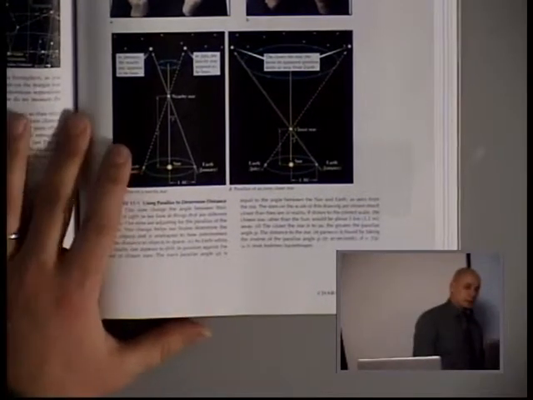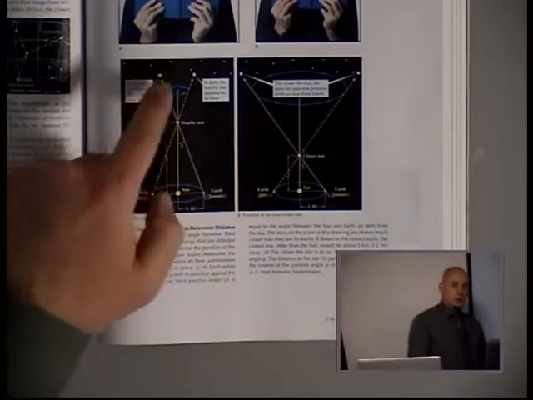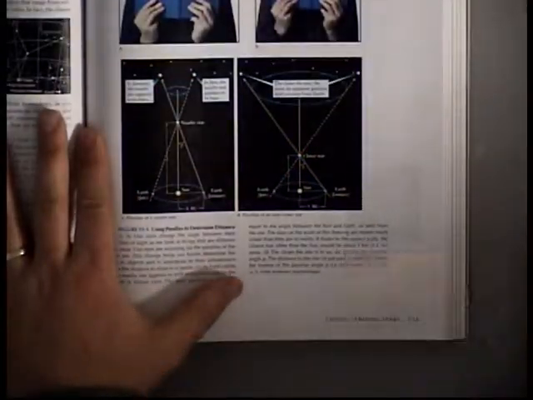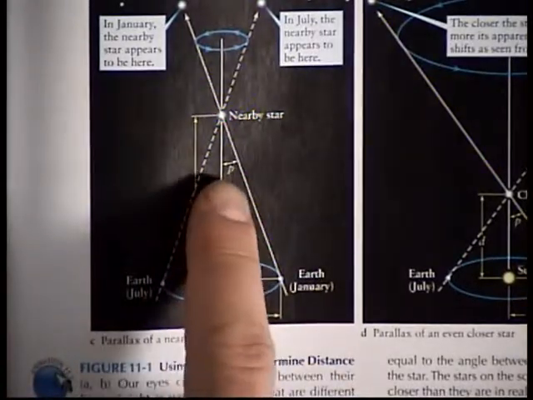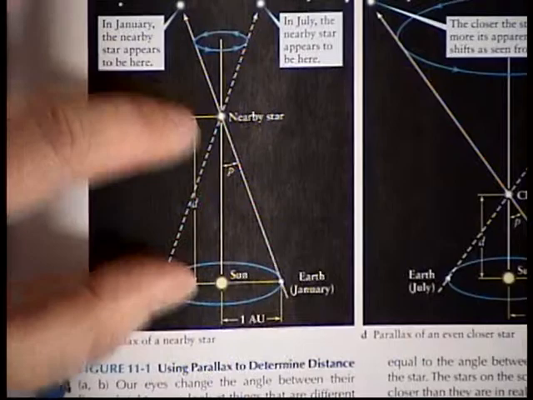Parallax is a simple idea: if an object is close, we will see it moving relative to the background of stars. When we look at how much it moves, we can measure it, and they're showing you this on page 351. They're showing you this movement by measuring an angle right in here, and this angle is directly related to the distance.